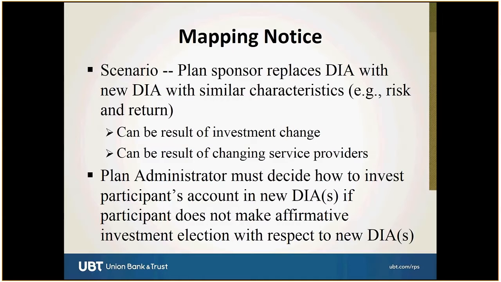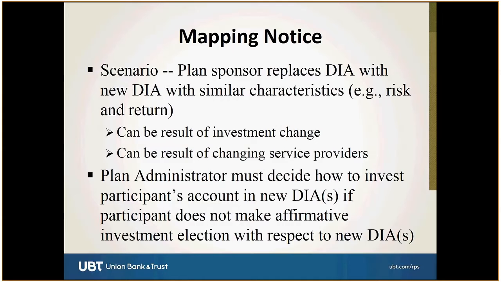But what a mapping notice does is it tells the participant, usually what happens is that there's going to be a new investment added to the plan, either because we've decided that there's a designated investment alternative that's been underperforming, and so we're going to remove it and replace it with a new DIA. The other common reason is if you change service providers, then invariably you're going to have a new investment lineup.